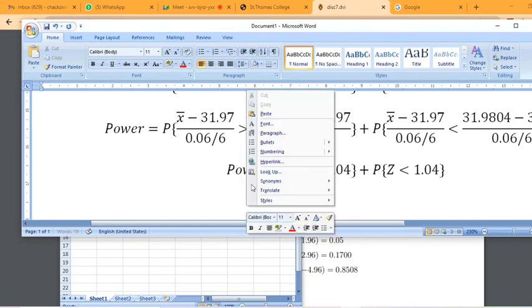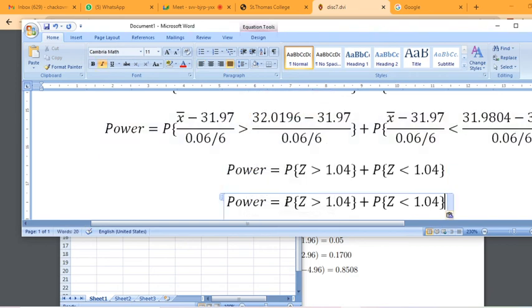So what will be that value? Yeah, this is 2 times. You can remove this term.